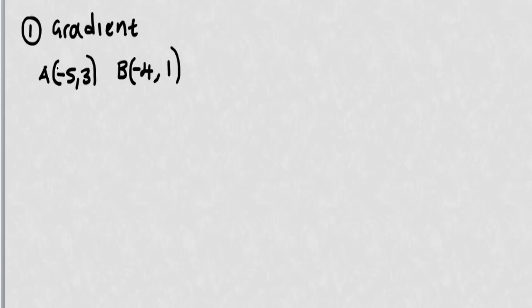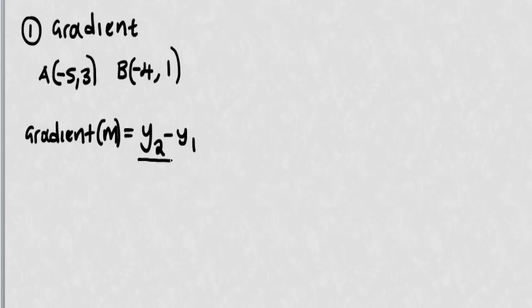Then the question is saying find the gradient. Gradient is also denoted as m, small letter m. Gradient is given by y2 minus y1 over x2 minus x1.